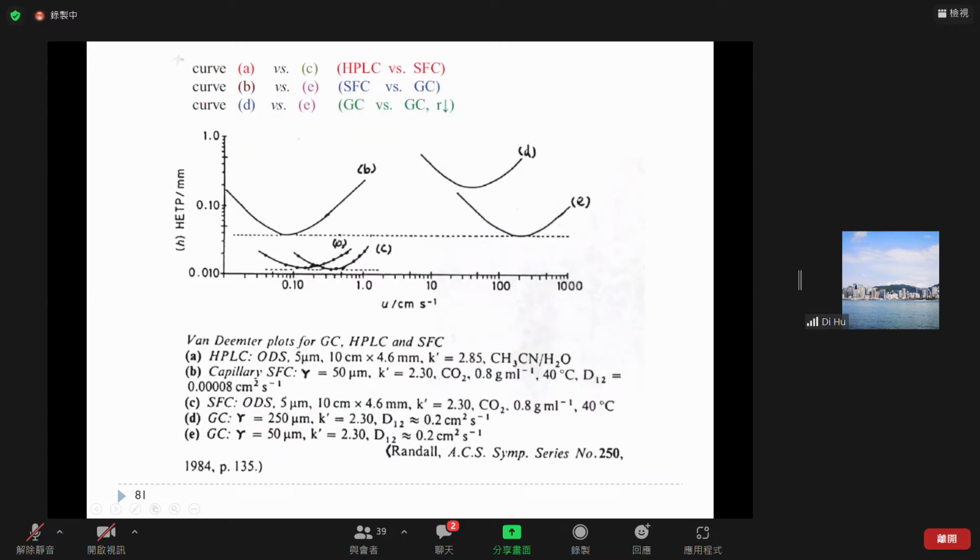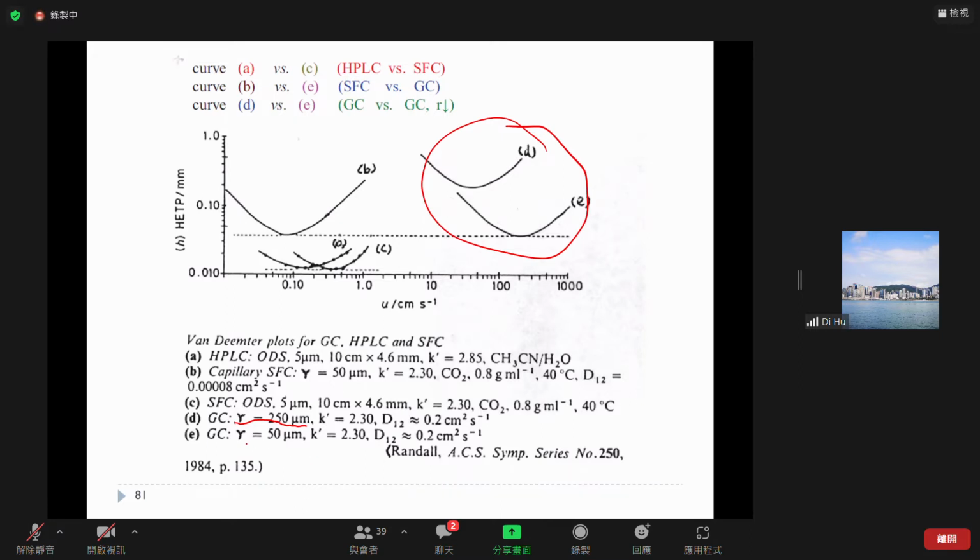And this one also shows the comparison of HPLC to GC. For the GC, curves D and E, this one is capillary GC. This is exactly what I said just now. This capillary GC D has a column radius; this capillary column is 250 micrometer in diameter, and then radius, sorry.